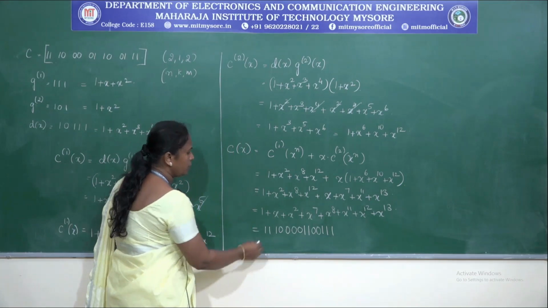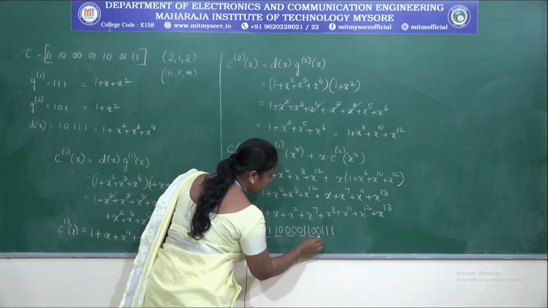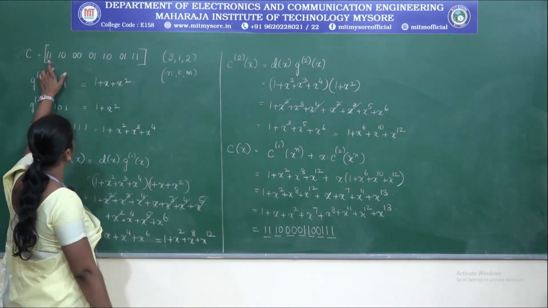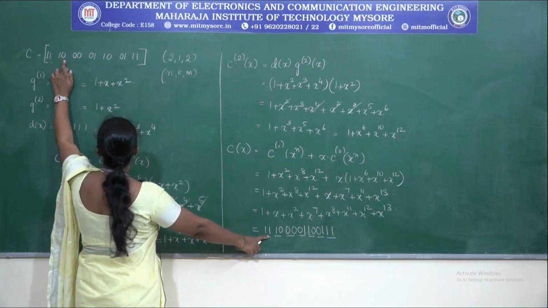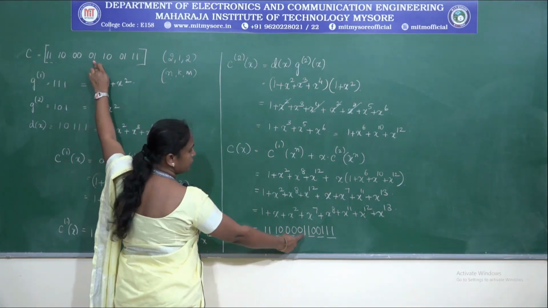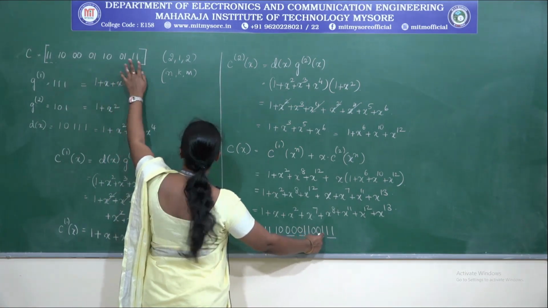Now if we pair with respect to 2, 2, if you compare now, we have 1 1, then 1 0 0 0, then 0 1 1 0 0 1 and 1 1.